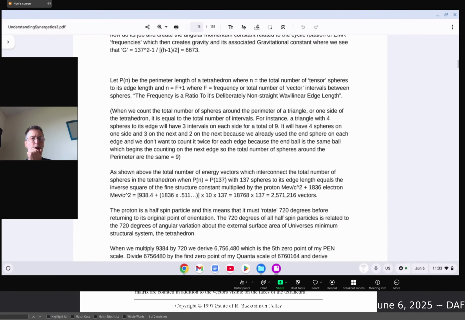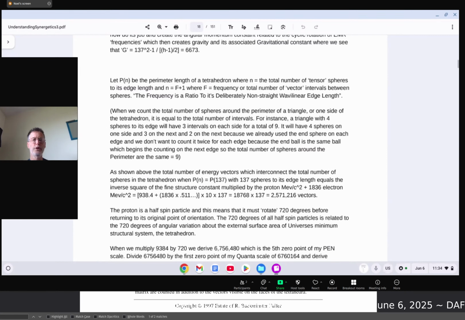When the perimeter length right here in the middle is P137, it has 137 spheres to its edge length, and this equals the inverse square of the fine structure constant multiplied by the proton MeV plus 1836 electrons MeV, which is this number here. Proton plus 1836 electrons of 0.511 times the inverse of the fine structure constant times 10, and there's those 2,571,216 vectors I was telling you about.